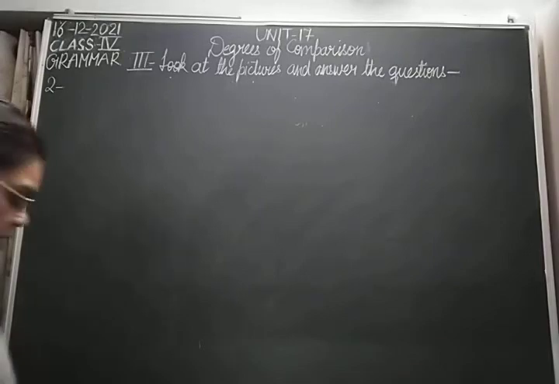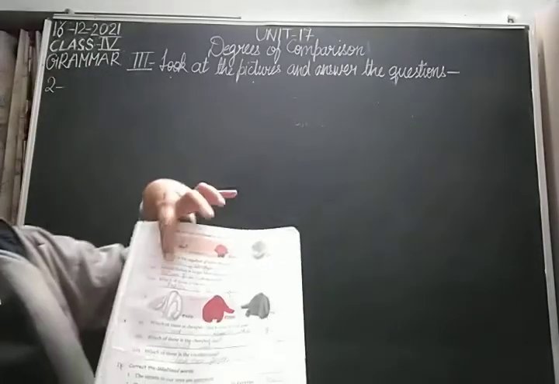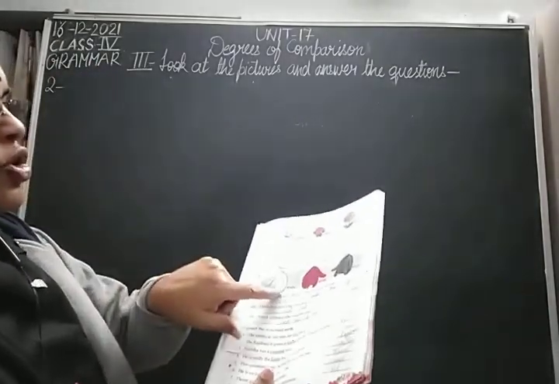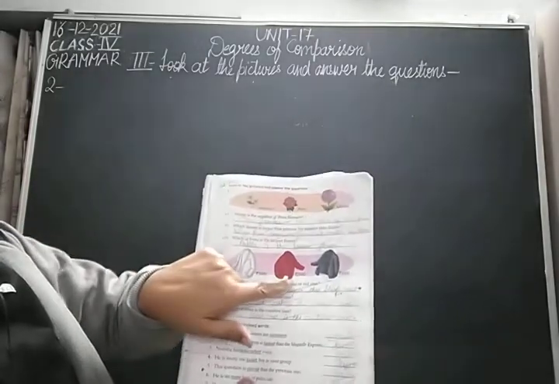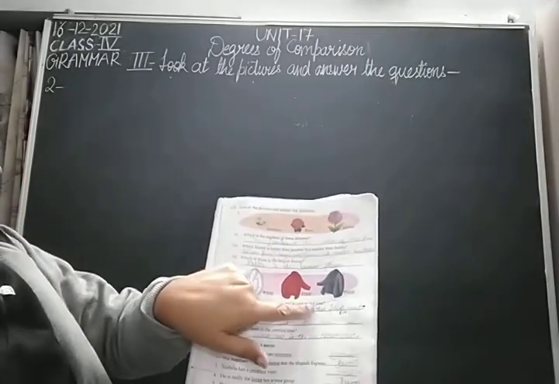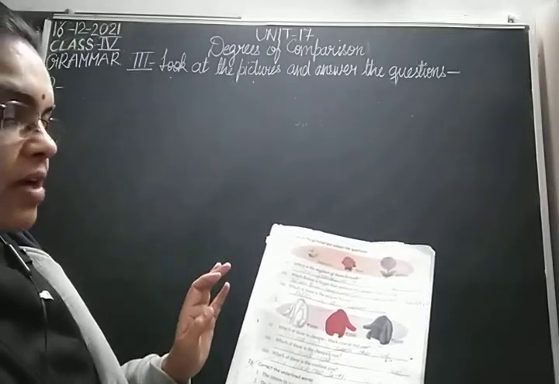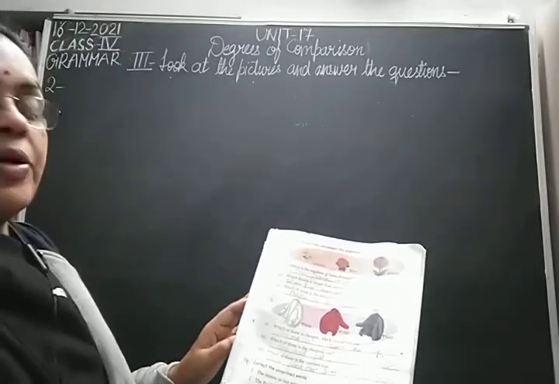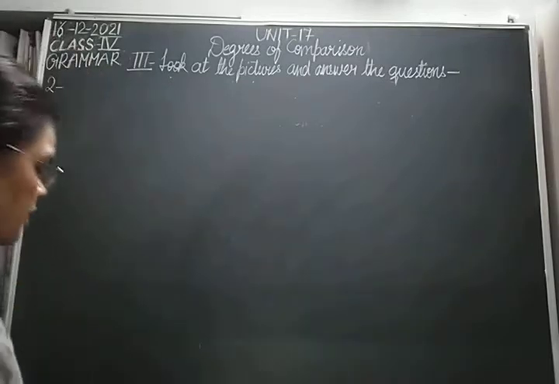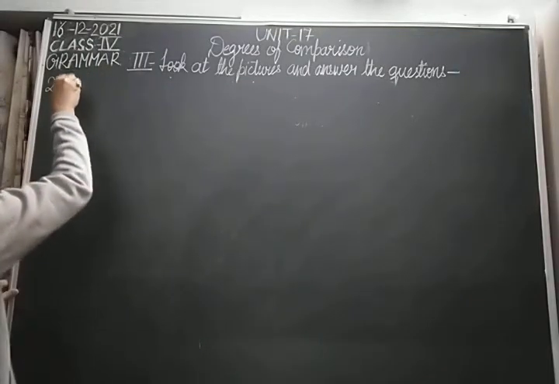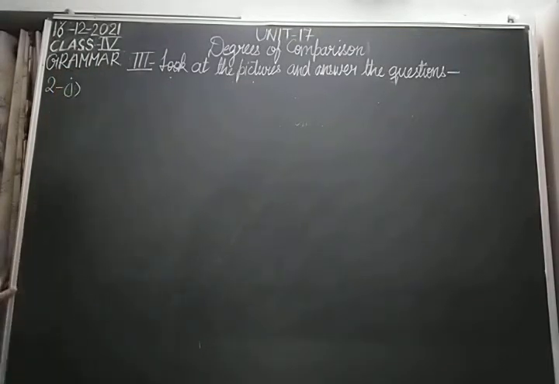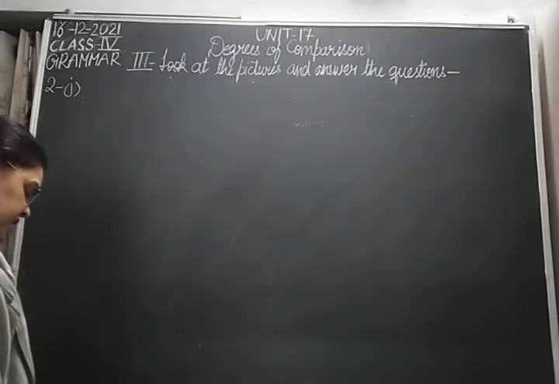The first is the white coat, which costs rupees 3,000. The second is the red coat, which costs rupees 2,500. And the third is the black coat, which costs rupees 5,000. Fine. Now, the first question based on picture 2 is, which of these is cheaper?